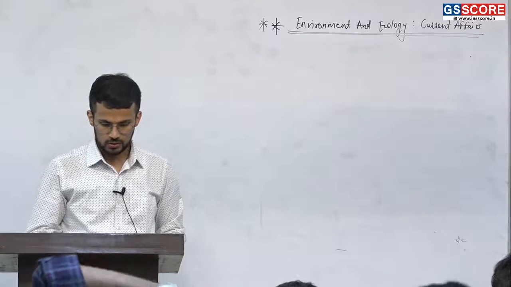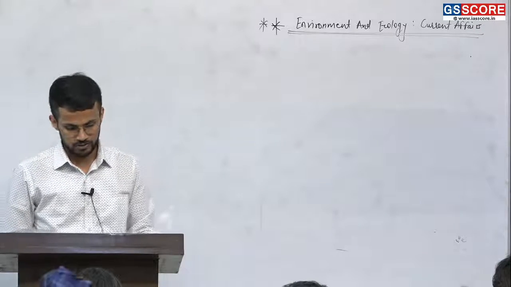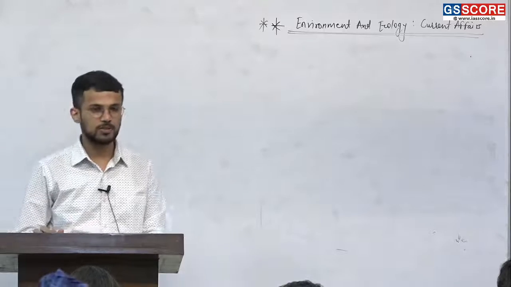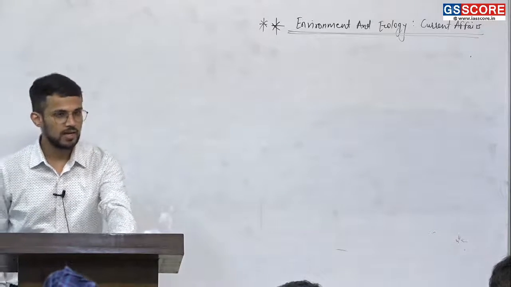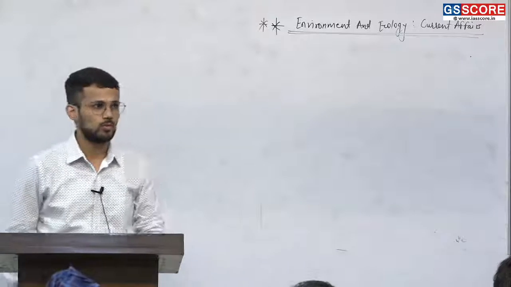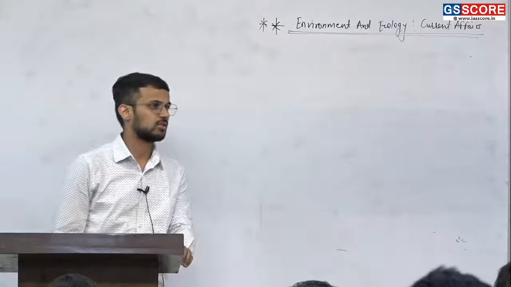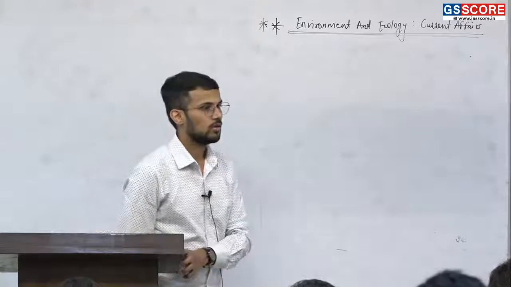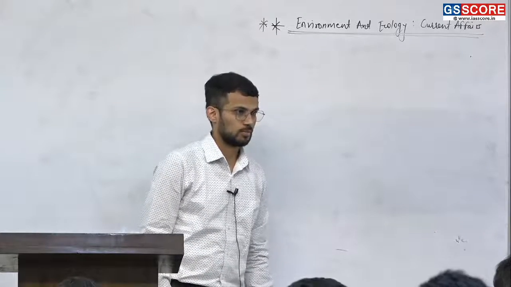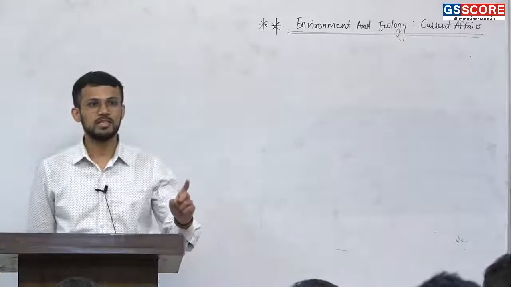Next, Stockholm plus 50. So this is important. Stockholm plus 50. When Stockholm Conference was held? 1972. What is the formal name of Stockholm Conference? United Nations Conference on Human Environment. Human Environment. UNCHE.